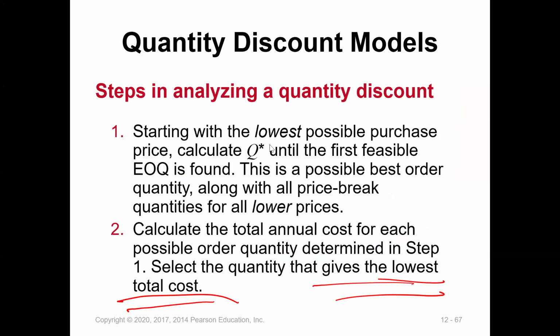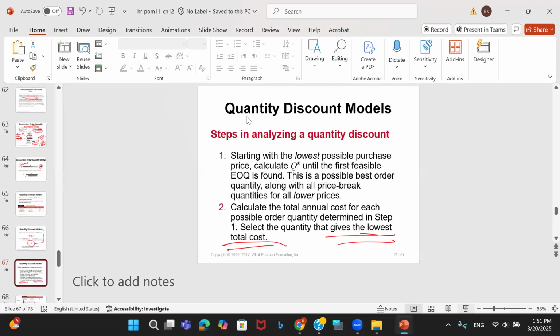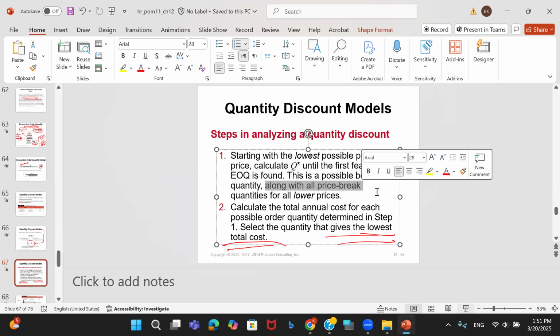Okay, these are the steps in analyzing the quantity discount. Starting with the lowest possible price, calculate Q star until the first feasible EOQ is found. This is a possible best order quantity along with the price break.